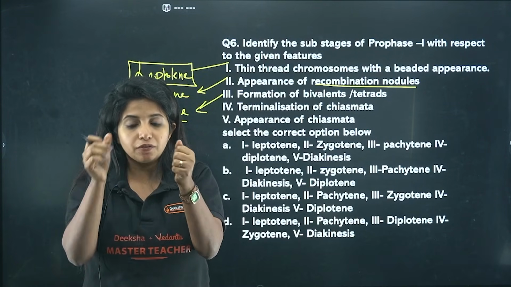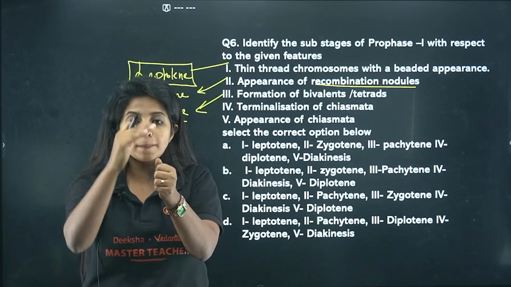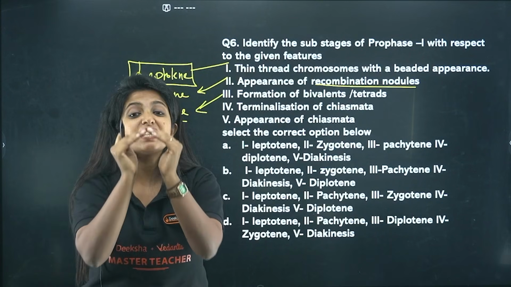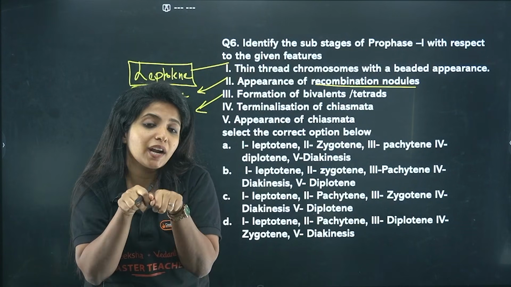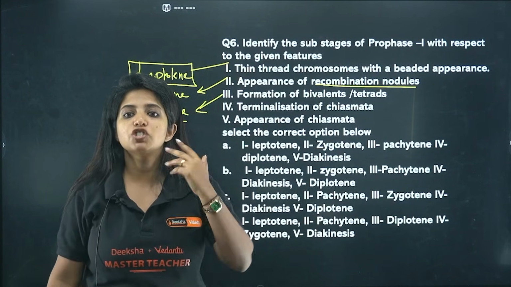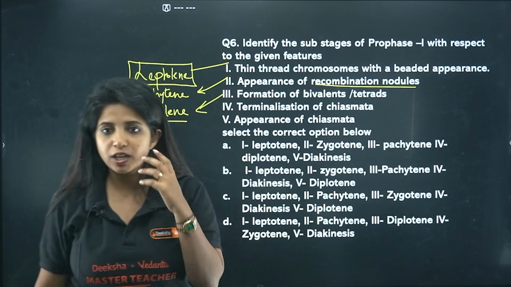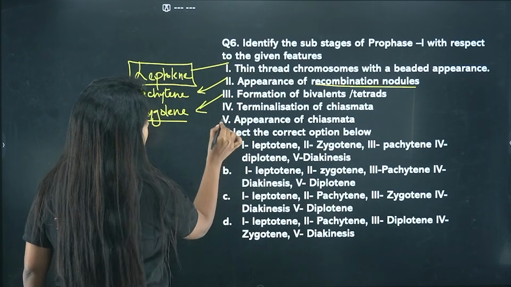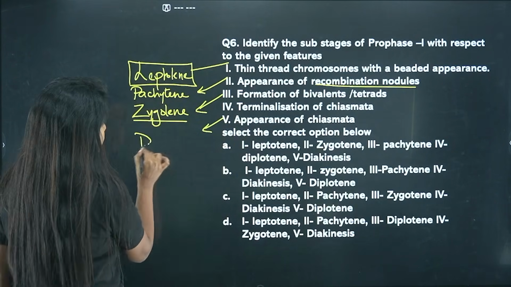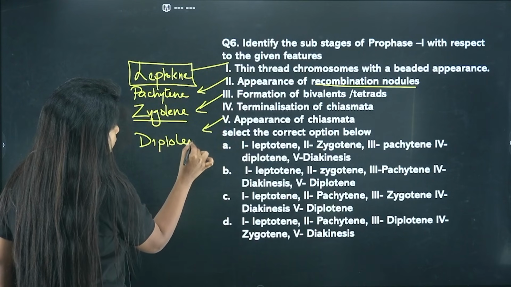Whenever you want to separate them, first the synaptonemal complex in between goes off. But still, the chromosomes are attached at some points. This is known as chiasmata. So appearance of chiasmata happens in the next stage, known as diplotene stage.